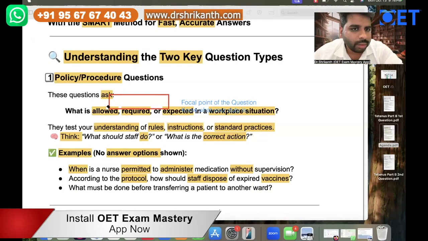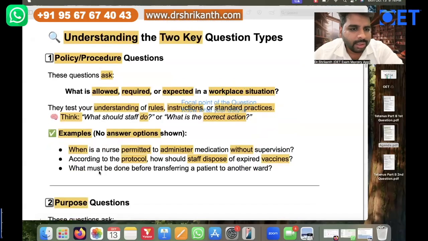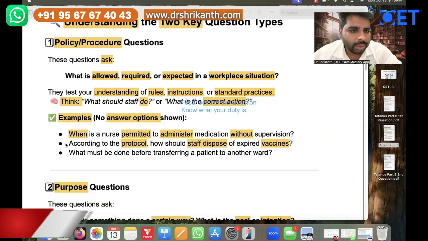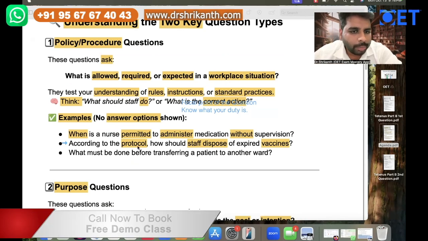Right. See, for example, the second question, right? According to the policy. So this is the question that I'm reading. According to the protocol, how should staff dispose of expired vaccines? So what is the question stem over here? How should the staff dispose, right?